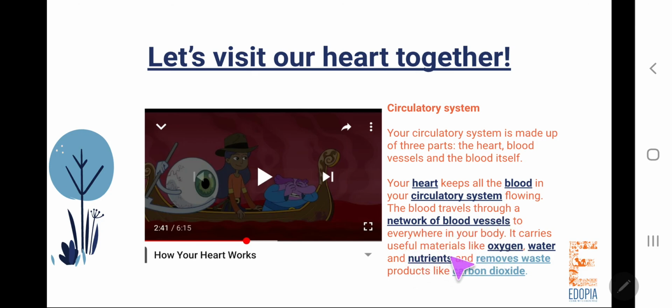It carries useful materials like oxygen, water and nutrients, and removes waste products like carbon dioxide. As you so correctly remembered, it's the arteries that carry useful materials like oxygen, water and nutrients around the body, and the veins carry the blood back to the heart to remove waste products like carbon dioxide.